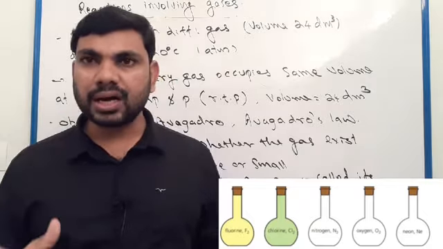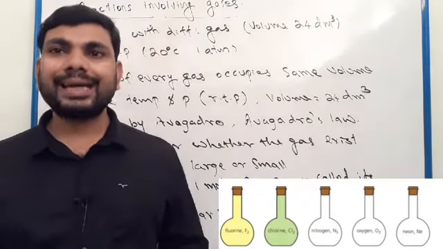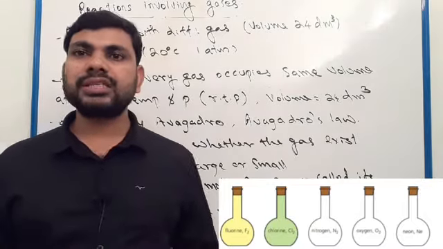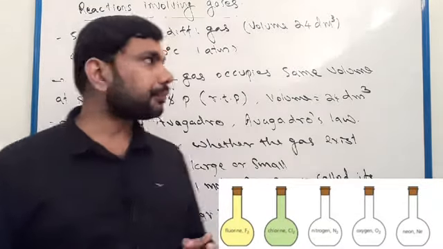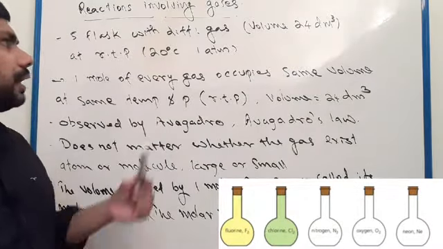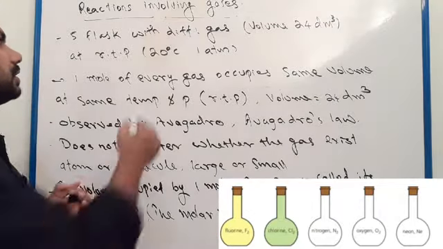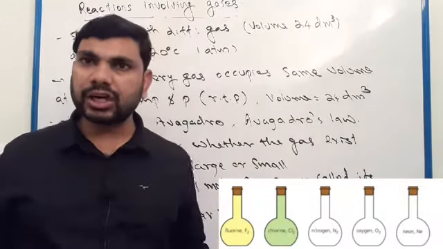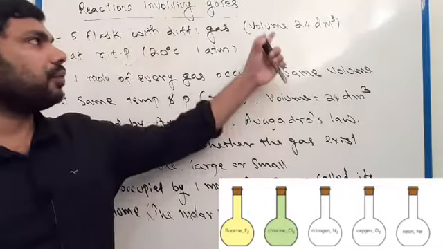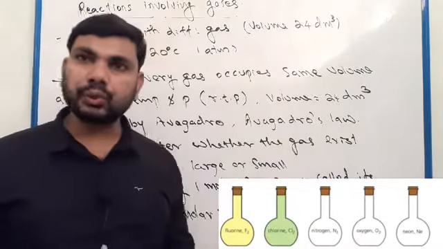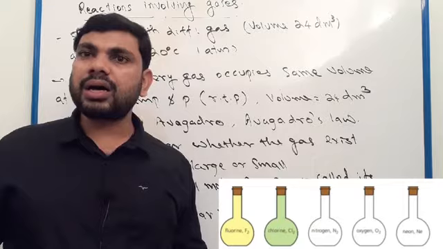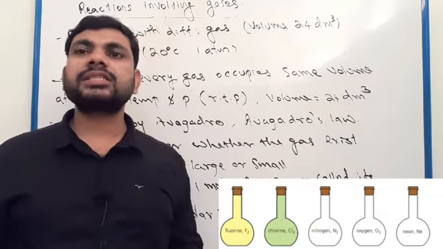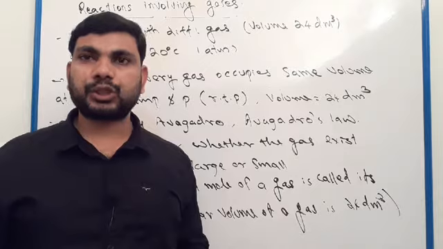All the flasks are at the same temperature and pressure, 20 degrees Celsius and 1 atmospheric pressure.